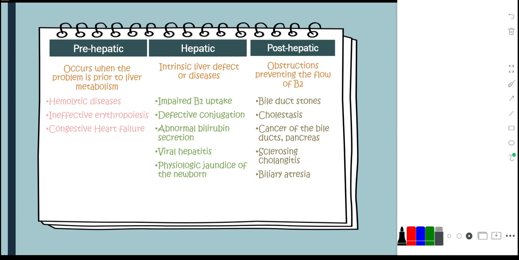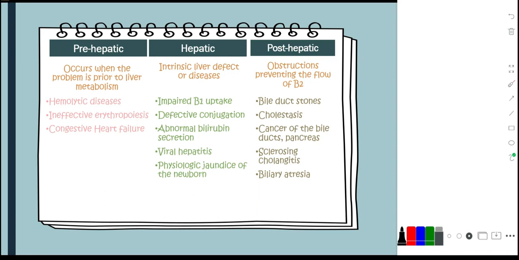Then we have your hepatic jaundice, which is caused by intrinsic liver defects or diseases. This time, ang problem naman natin is yung liver na mismo, okay? So what could be the problem in the liver? There are three particular problems in the liver that could be associated with hepatic jaundice. Number one, impaired yung kanyang B1 uptake. Second, defective yung conjugation.